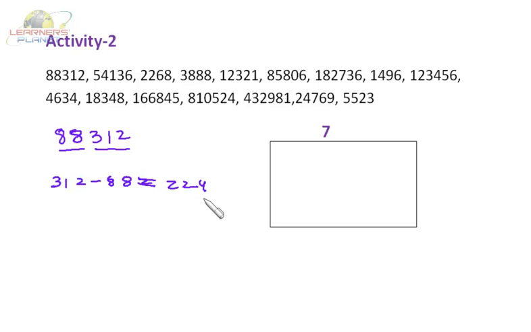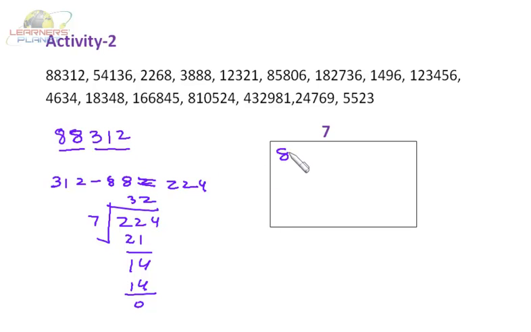Now let's check whether 224 is divisible by 7 or not. So just divide it. So we are getting remainder as 0. That means 224 is divisible by 7. That means the complete number is divisible by 7. So just write it over here.